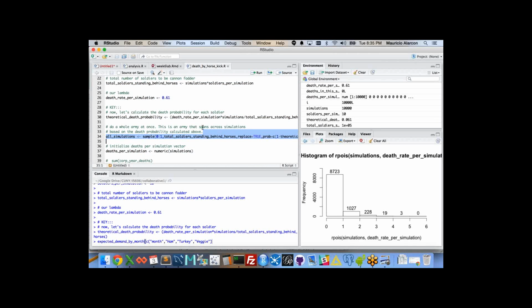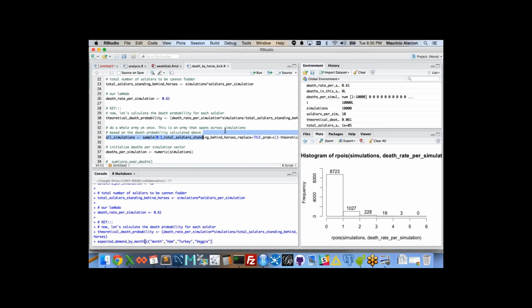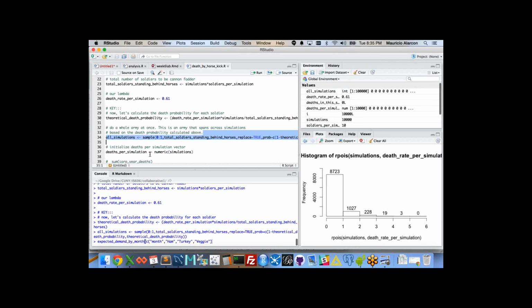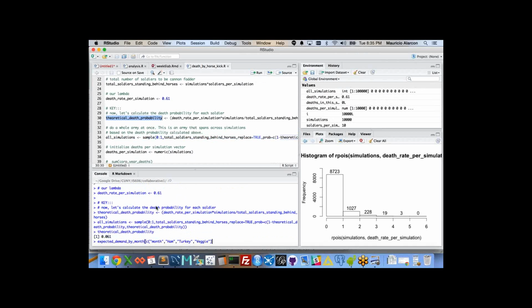This is going to be one huge array, a binomial. This is a vector that has 100,000 individuals, with the probability that each one of them has died from a horse kick being 0.061.